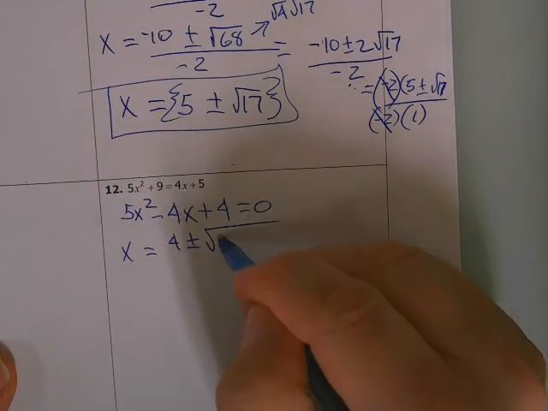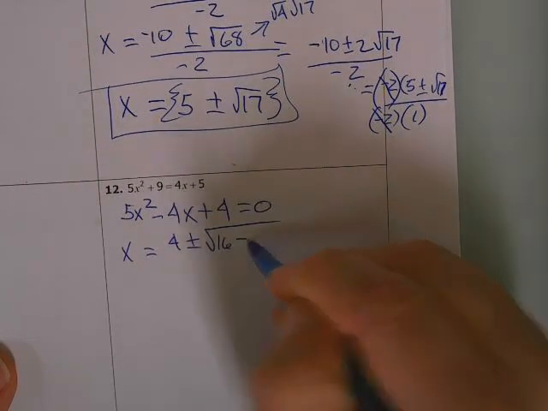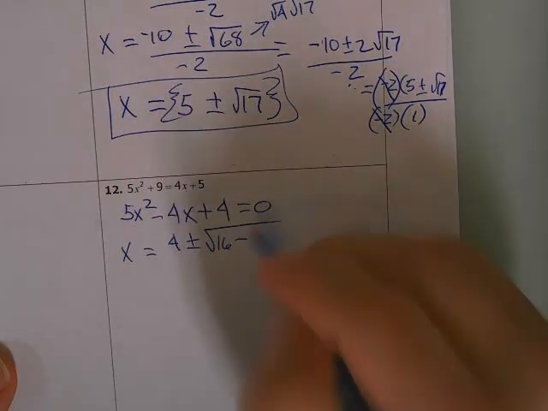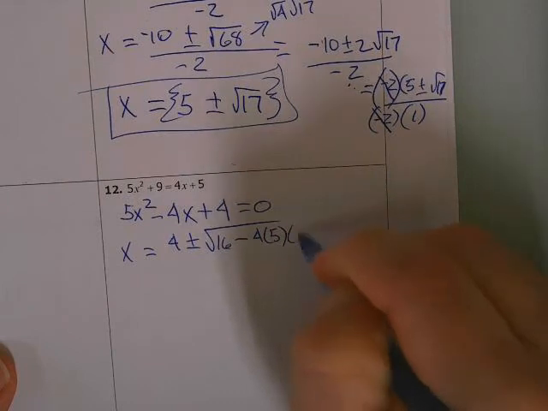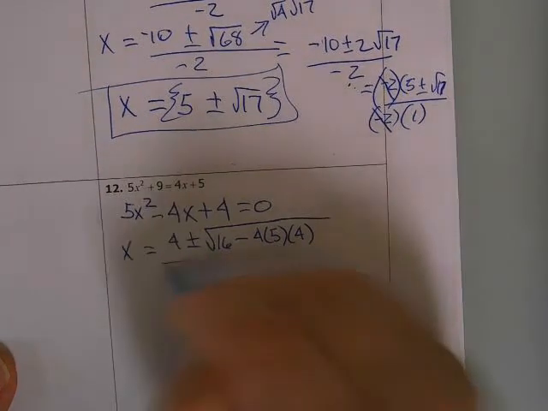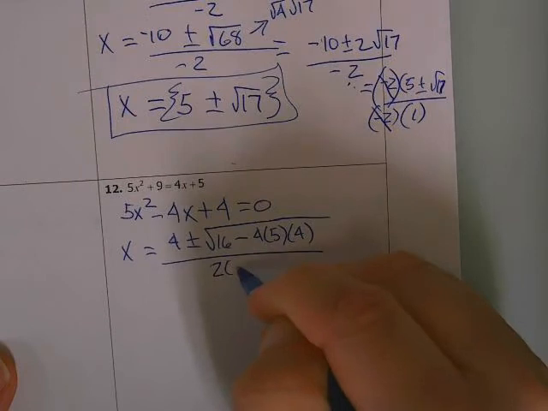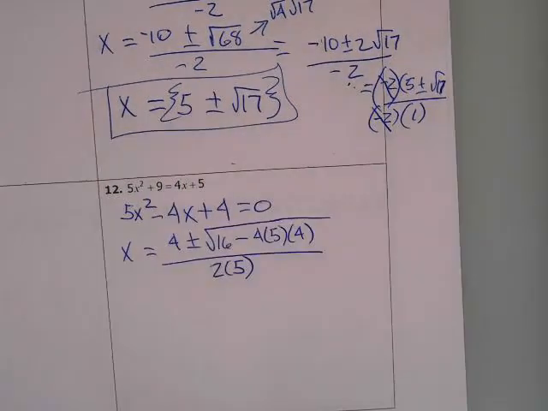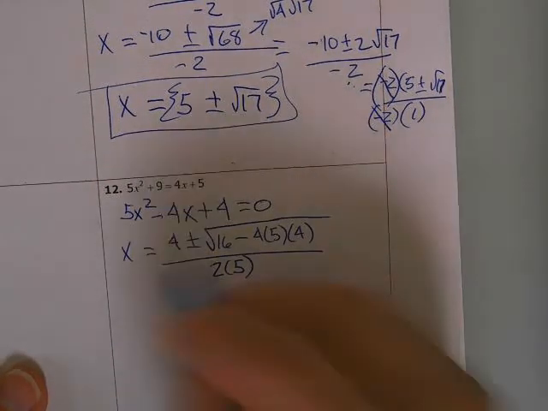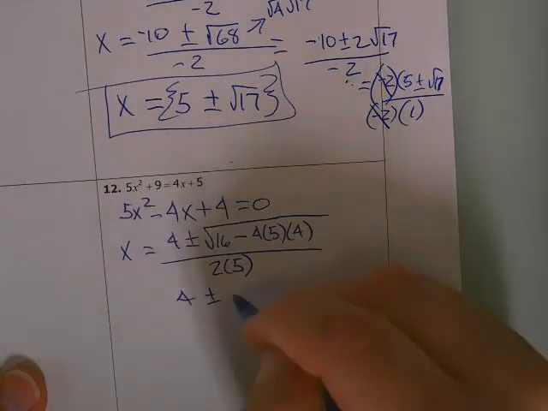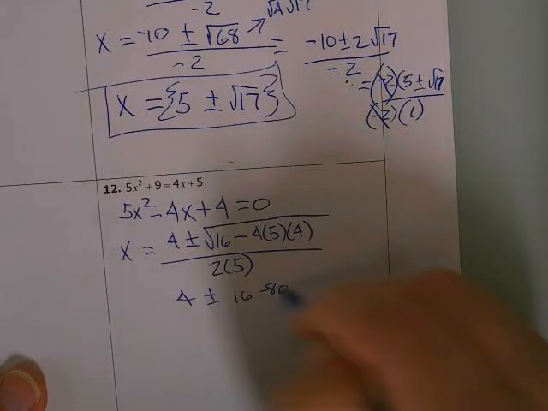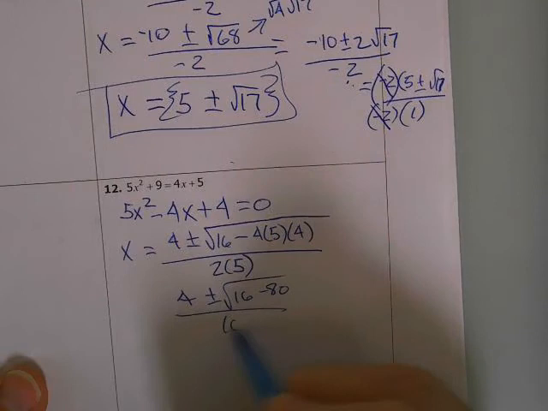B squared is going to be 16 minus 4 times A times C, which is 4 times 5 times 4, all over 2 times A. So that is 4 plus or minus 16 minus 80 under the radical over 10.